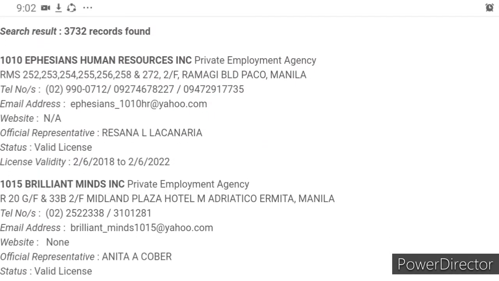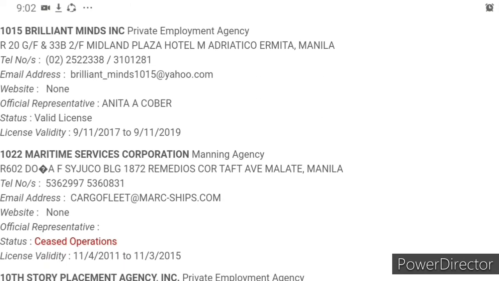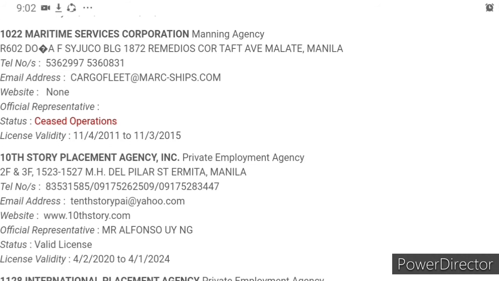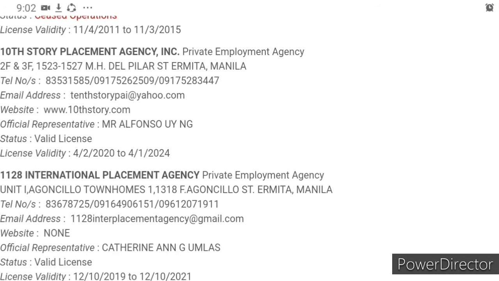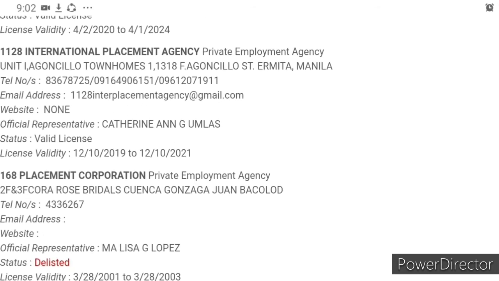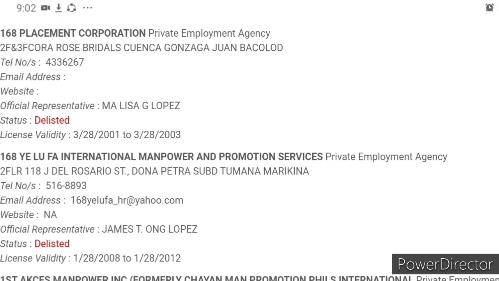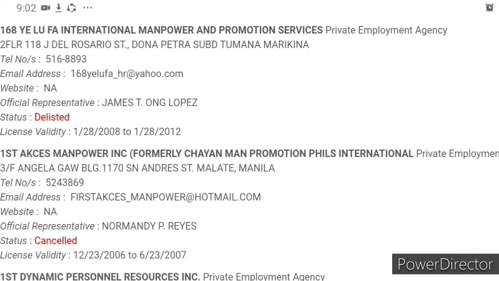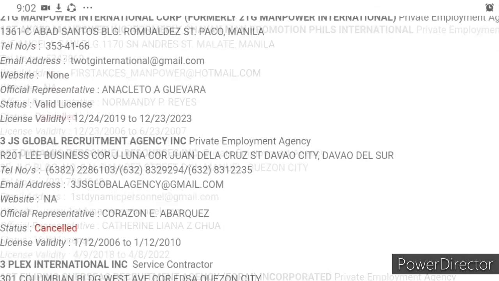For example, the Efficient Human Resource Incorporated, the Brilliant Minds Incorporated, the Maritime Service Corporation, Story Placement Agency Incorporated, International Placement Agency, Placement Corporation, Yelufa International Manpower, and many more.